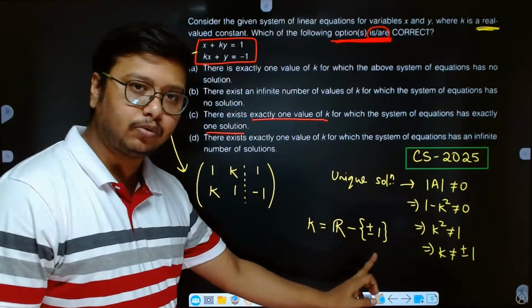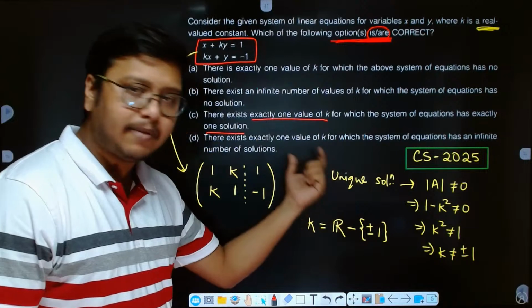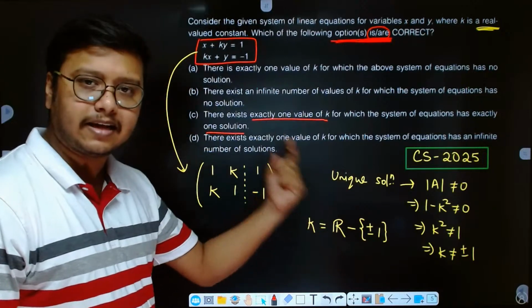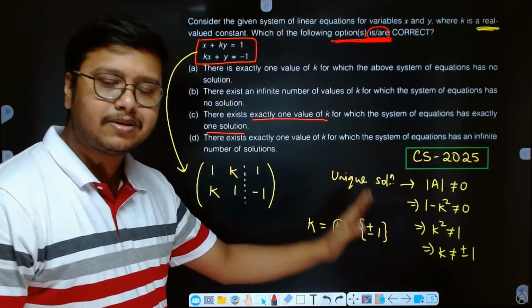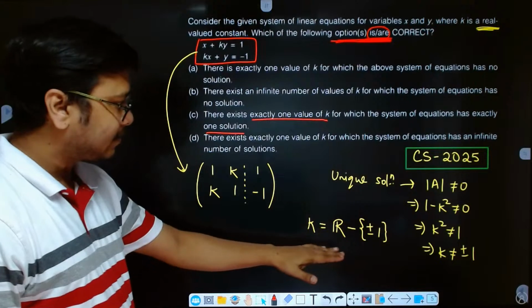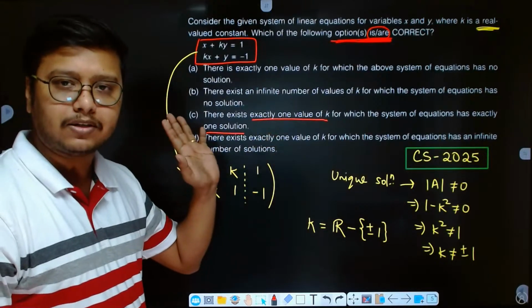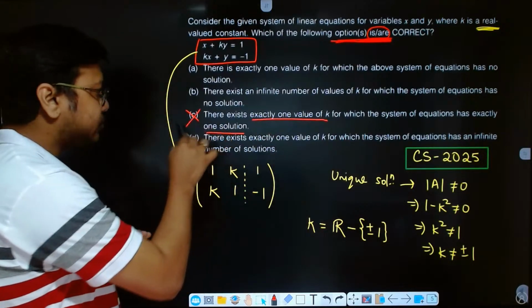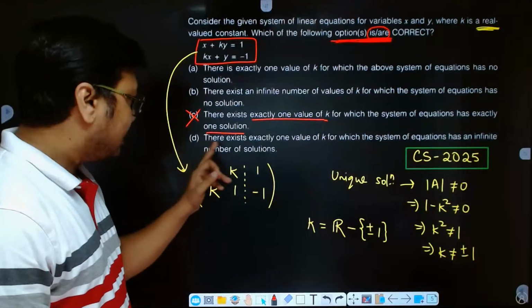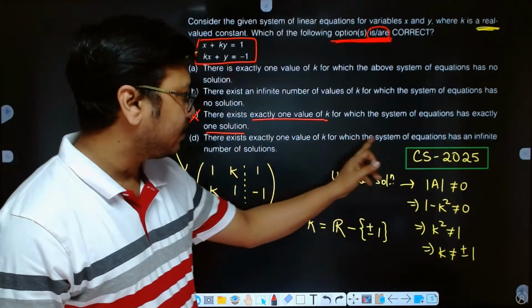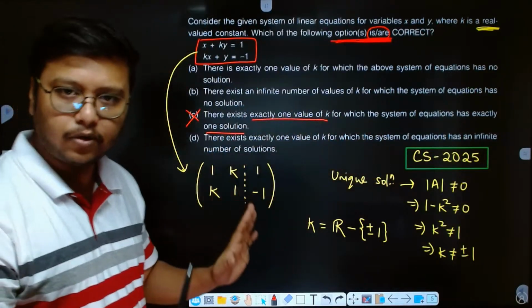We can see that's not true. There exist many values of k for which there is exactly one solution. All real numbers except plus minus 1 satisfy the criteria that there will be just one solution. So obviously option C is not true. There exists exactly one value of k for which the system has infinite solutions. We don't know that yet.